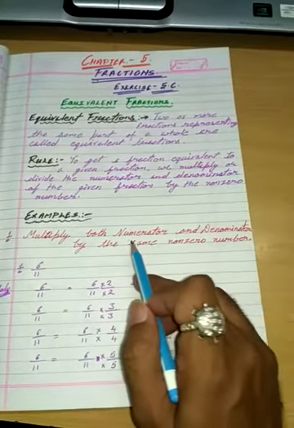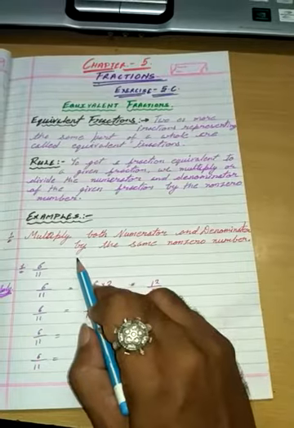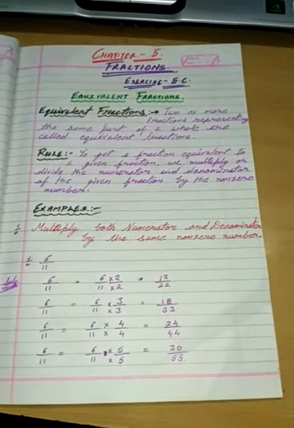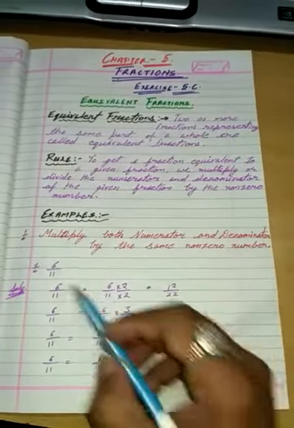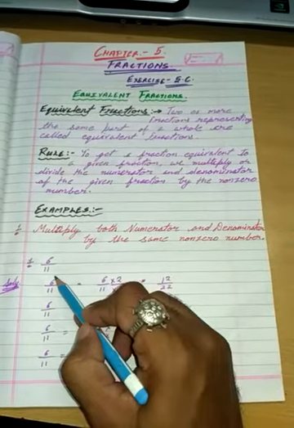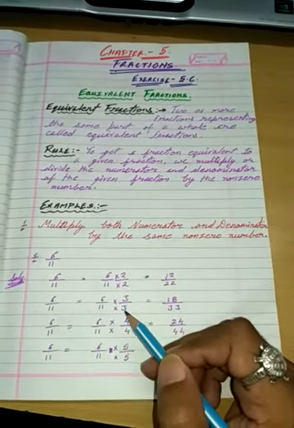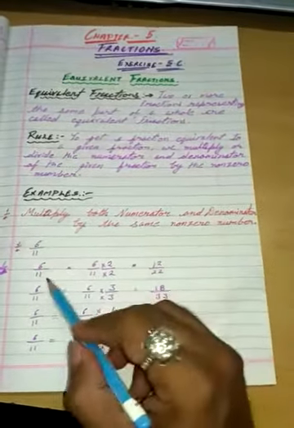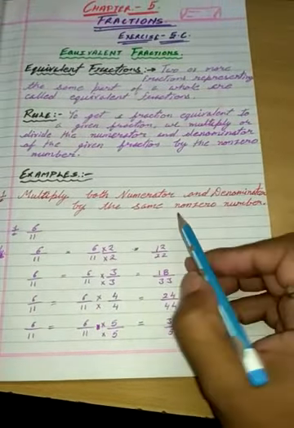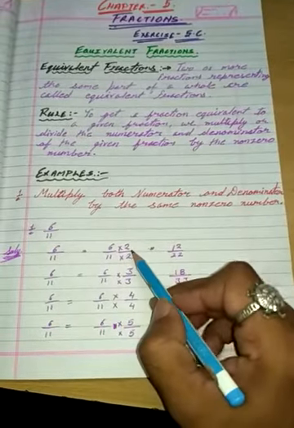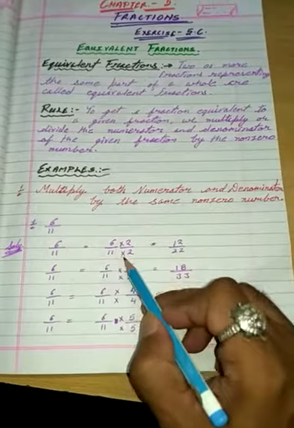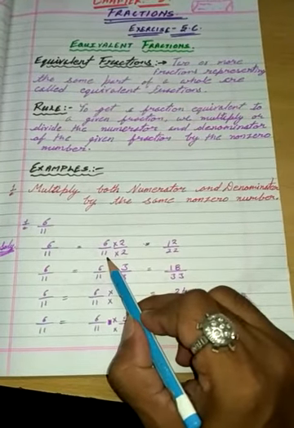Multiply both denominator and numerator by the same non-zero number. Now there is an example, 6 upon 11. When we multiply the fraction by the same number, like 2, we multiply by 2 in numerator 6 and denominator 11.